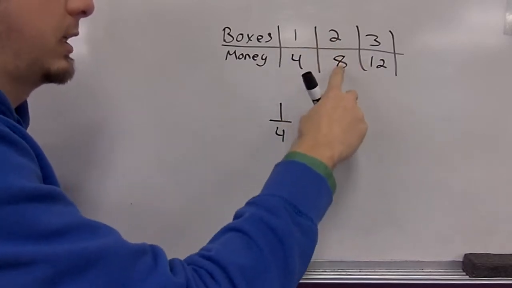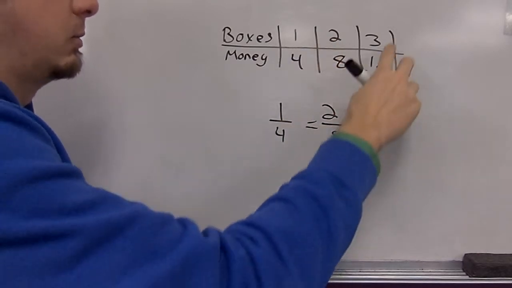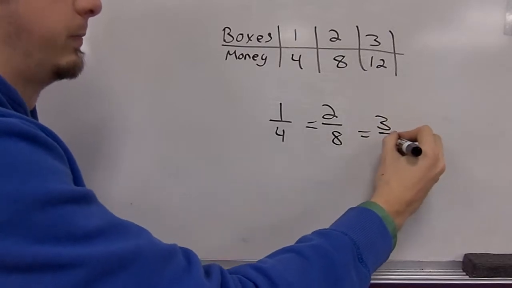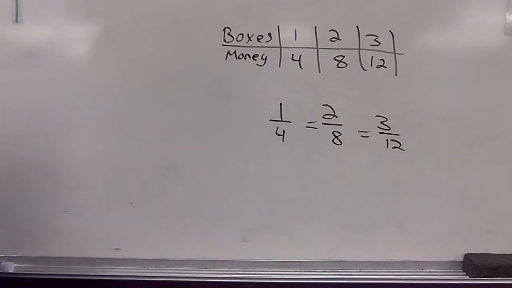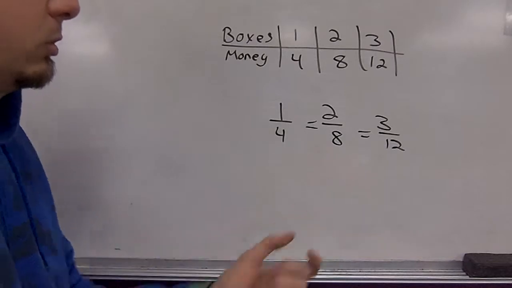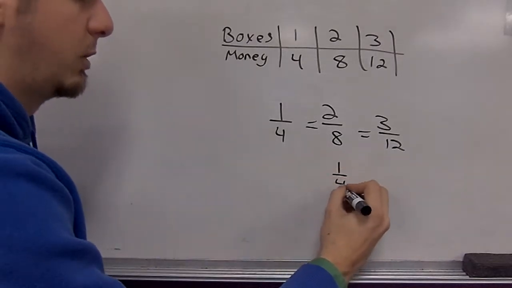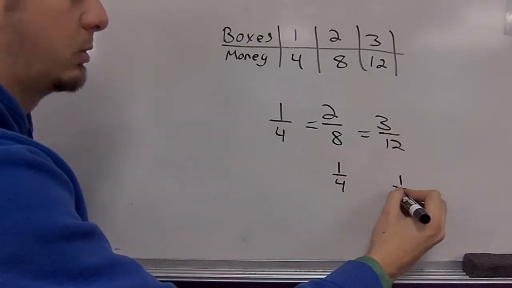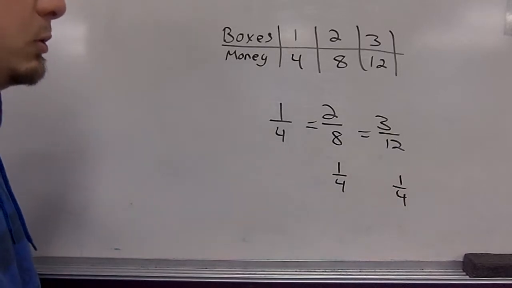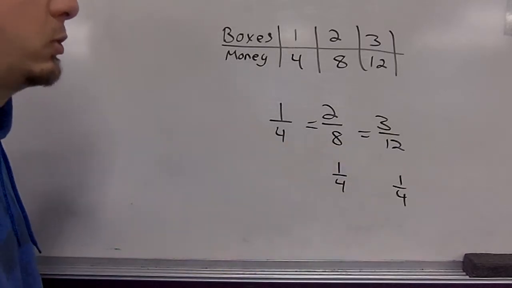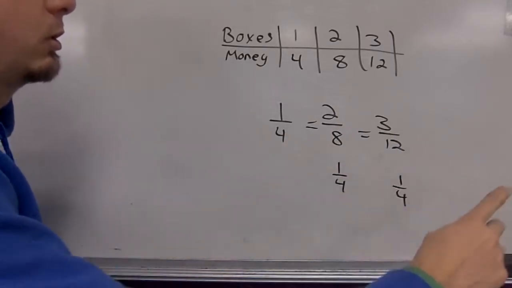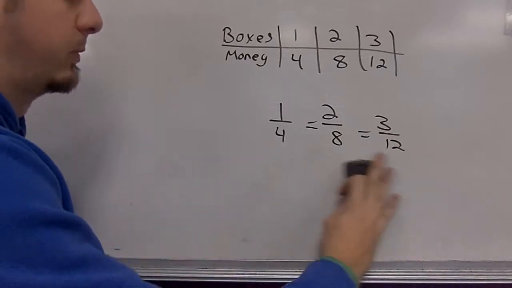For 2 boxes, I get $8. And is that equal to a 3 to 12 ratio? If you take the time to reduce 2 8ths, you find out it does get you 1/4. 3 12ths also reduces to 1/4. So you actually do have a proportional relationship because all of your ratios or your fractions are equal.